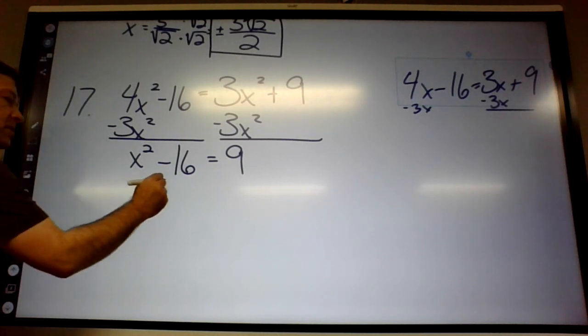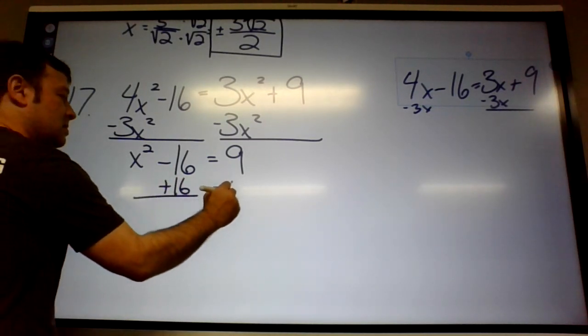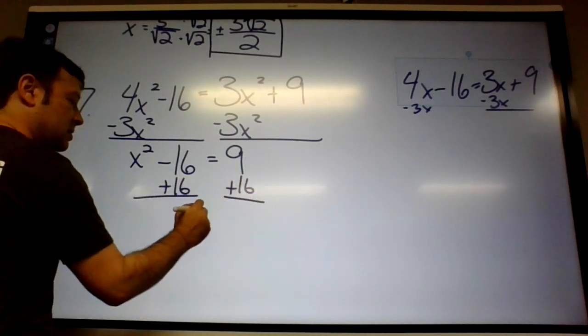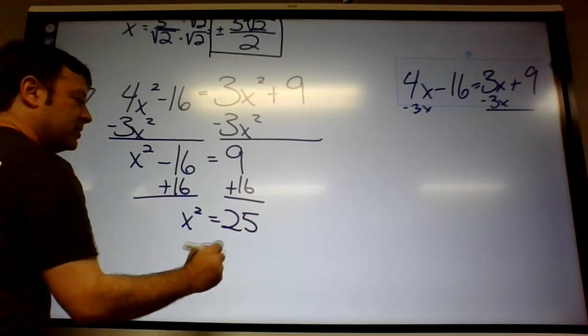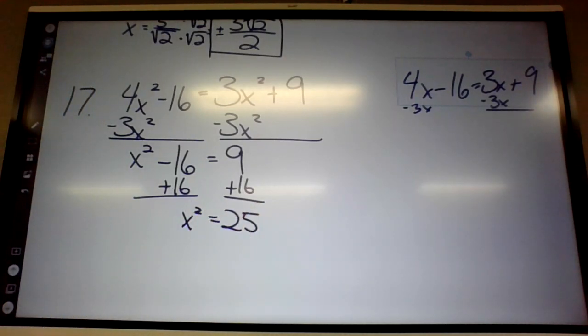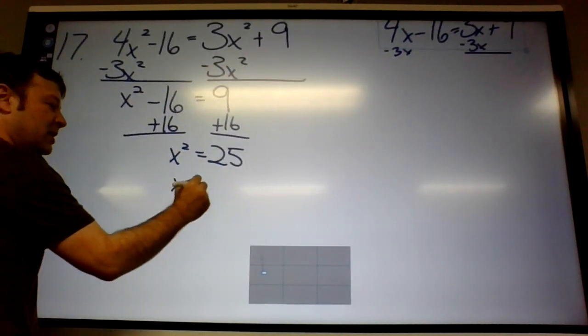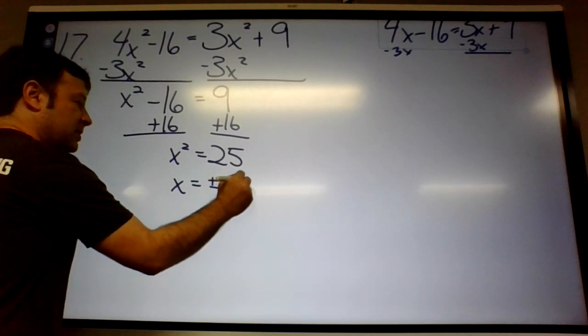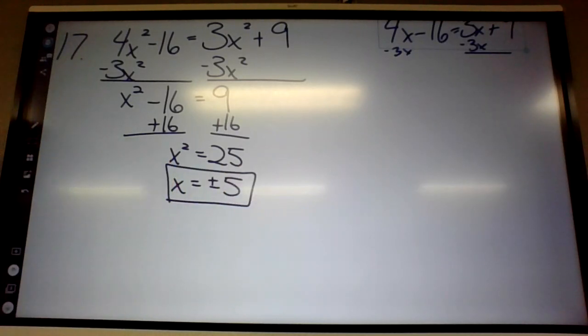Plus 16, and you square root that in. Okay, x squared is 25. Wasn't that number 1? So what do we get on number 1? We got plus or minus 5.